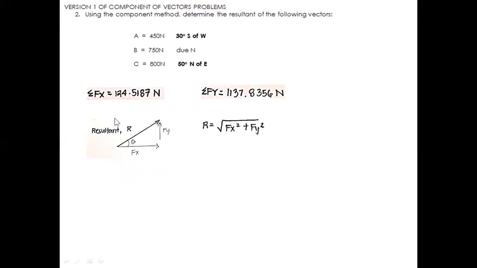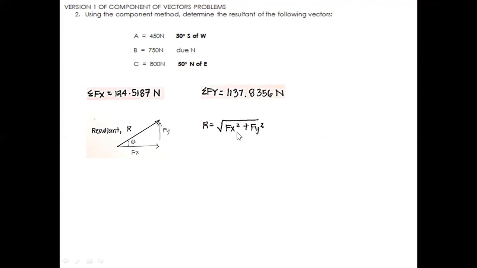As you can see here, our resultant R is the hypotenuse, and the summation of forces Fx points towards the right, whereas our Fy points upwards.